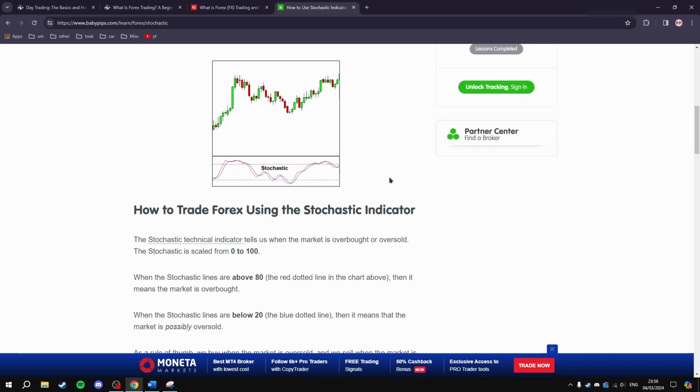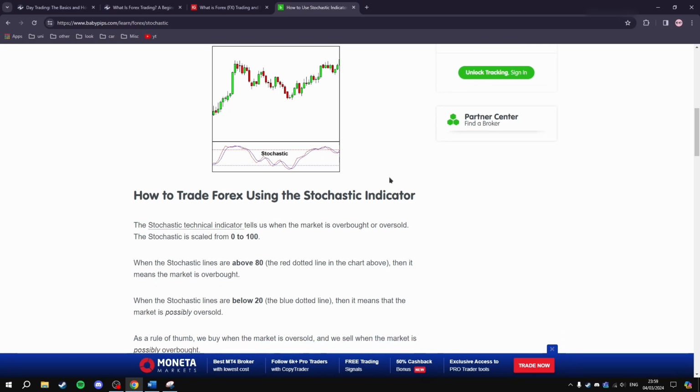The stochastic technical indicator tells us when the market is overbought or oversold. The stochastic is scaled from 0 to 100.